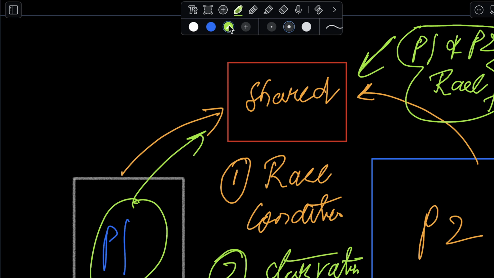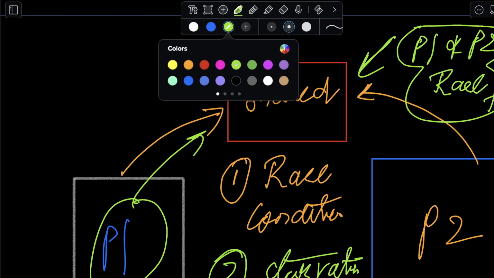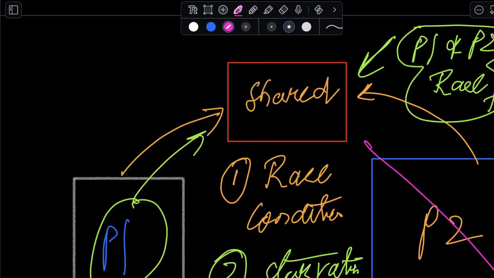Now what if P2 never wanted to access the shared resource in the first place? P1 should not compete with P2, right? If P2 does not want to access the shared resource, P1 should not compete with it unnecessarily. P1 should only compete with those processes that want to access the shared resource.